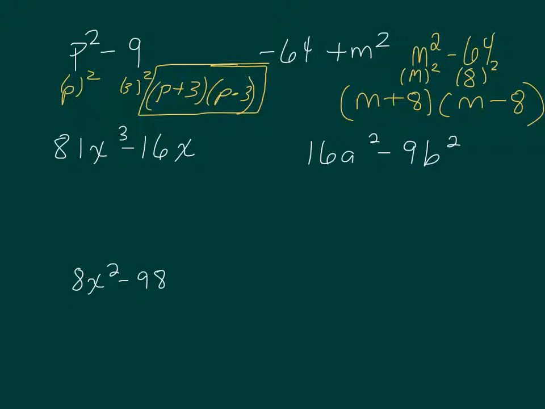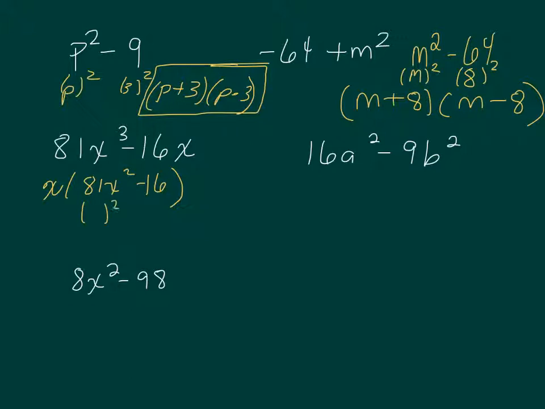Alright, let's look at 81x cubed minus 16x. 81 and 16, I wonder if they have any common factors. I don't think so, but I do notice there's an x in both of these. So I'm going to take that x out first. So I'm going to have 81x squared minus 16. I'm sorry, I don't know what's going on in my brain, because all I did was take an x out of there. Okay, so 81x squared minus 16.